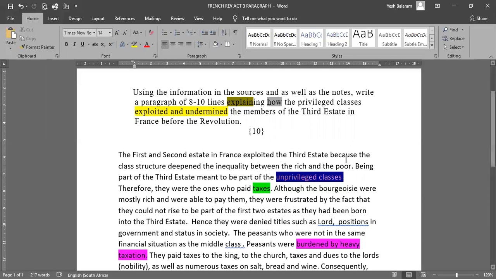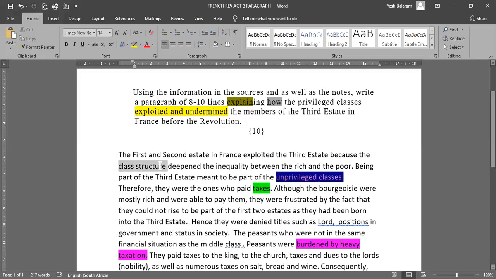So you can see here that in this example of an answer, the writer is focusing on the question by referring to the exploitation of the Third Estate, and is also showing that there is reference to the division in the society which led to the Third Estate being undermined.